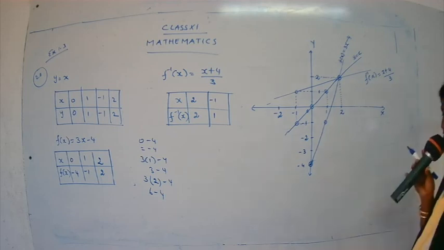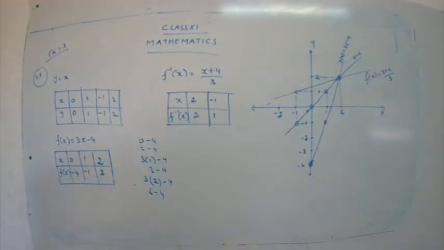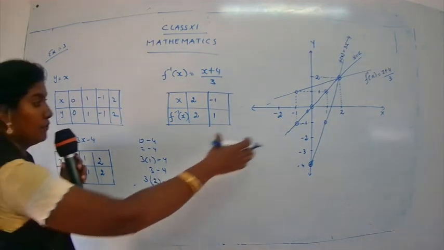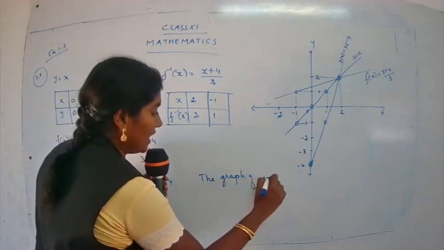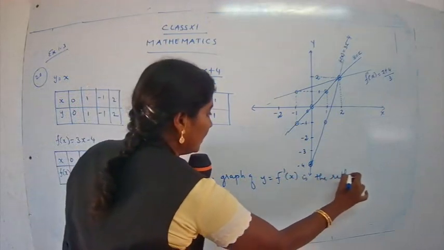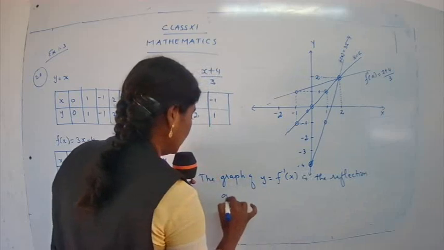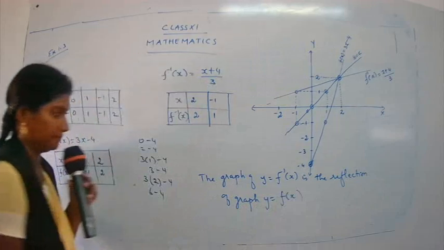So let's have a small conclusion over here, and we will complete our sum. Write down. So below this graph, you have to write this explanation. The graph of y is equal to f inverse x is the reflection of graph y is equal to f of x.